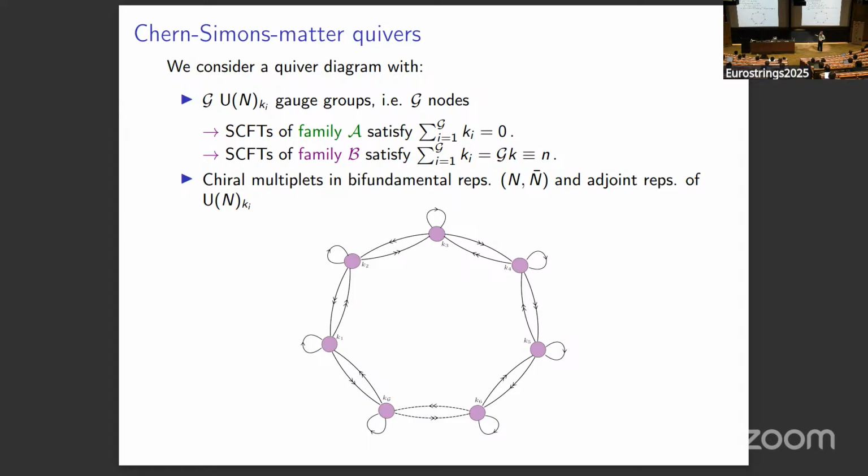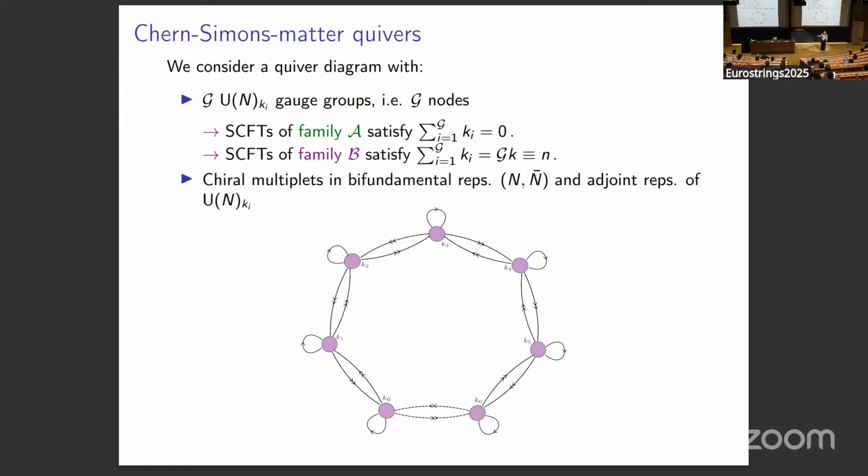Okay, so very generically, you can have this kind of necklace quiver, people call this, but it doesn't have to be necessarily a necklace quiver. And then it turns out that the SCFTs of family A satisfy this relation: the sum over the Chern-Simons levels vanishes, as you would expect if you have an M theory description. And for family B, the sum is non-zero. This I will denote with the small letter n, the sum over the Chern-Simons levels.